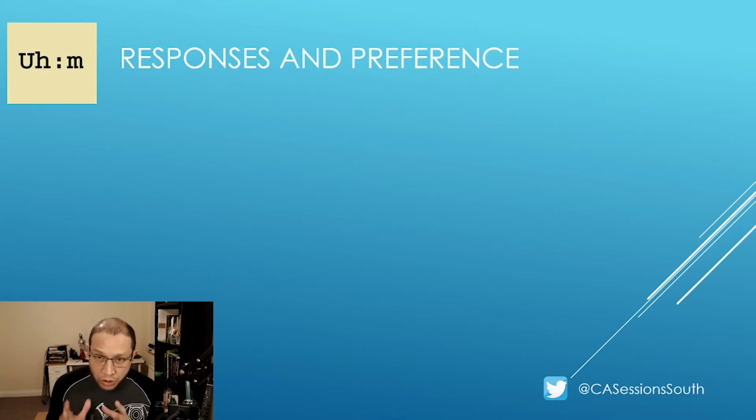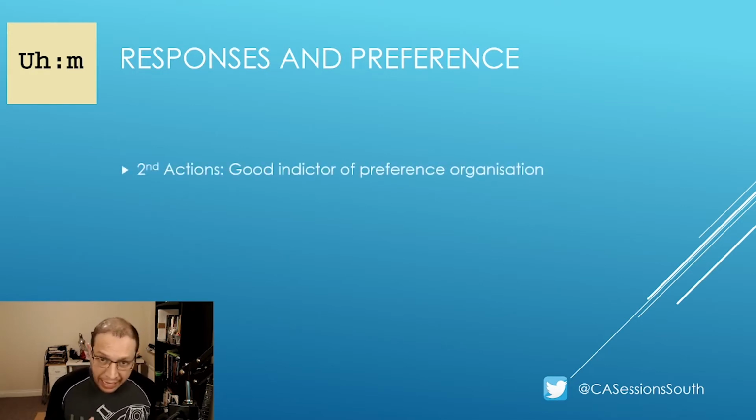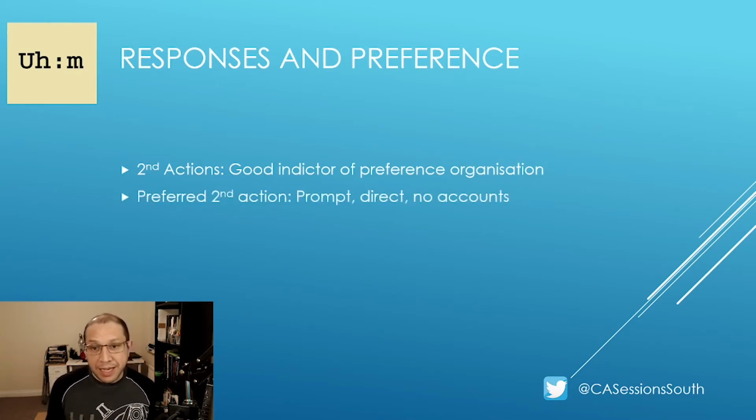Now, what we're going to look at first is somewhat counterintuitively second actions, the second pair part of an adjacency pair. And this is because in analysis, the second action is a good place to look for indications of preference organization. When a second action is performed in alignment with the preference organization of the initiating turn, that is to say, a preferred response, it's performed in a particular way.